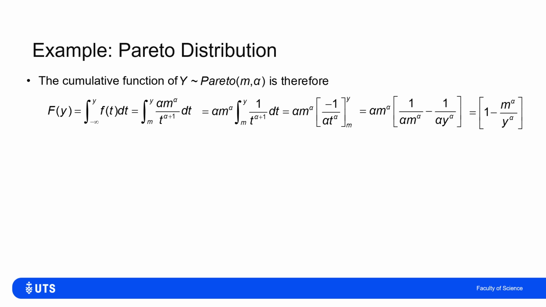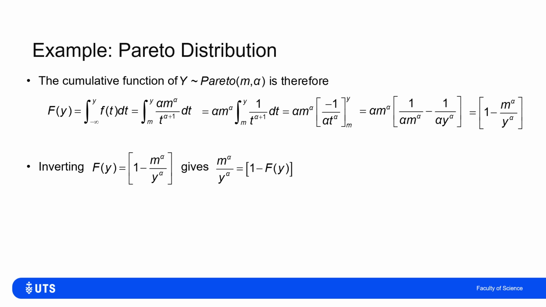I can do a few sense checks: if I put through the smallest possible value, y equals m, then I'll get 1 minus 1, so I've got 0 density already accumulated at the smallest possible value. That's right. And then as y tends to infinity, this thing will tend towards 1 minus 0, so it'll tend off towards 1, which is what I want.